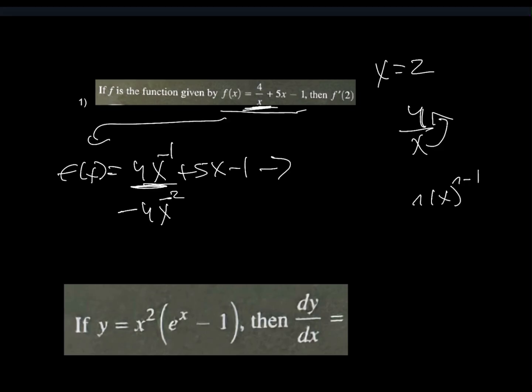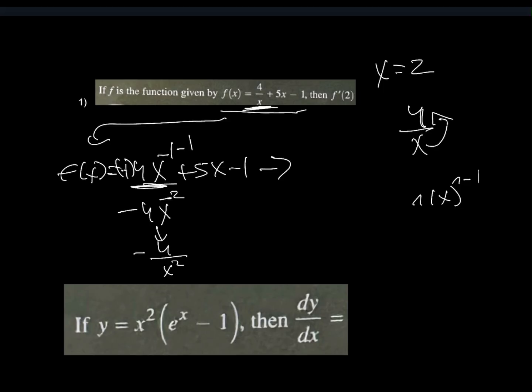All I did was subtract a 1 from the exponent and multiply it times my n, which was negative 1. That's all I did. So from here, we can simplify this into negative 4 over x squared because we do not ever want a negative exponent unless the problem explicitly asks for it.